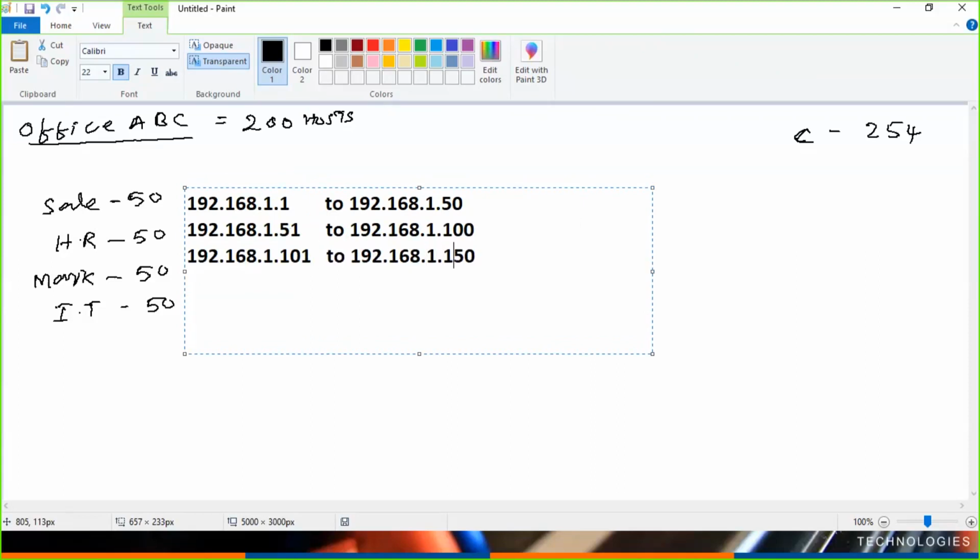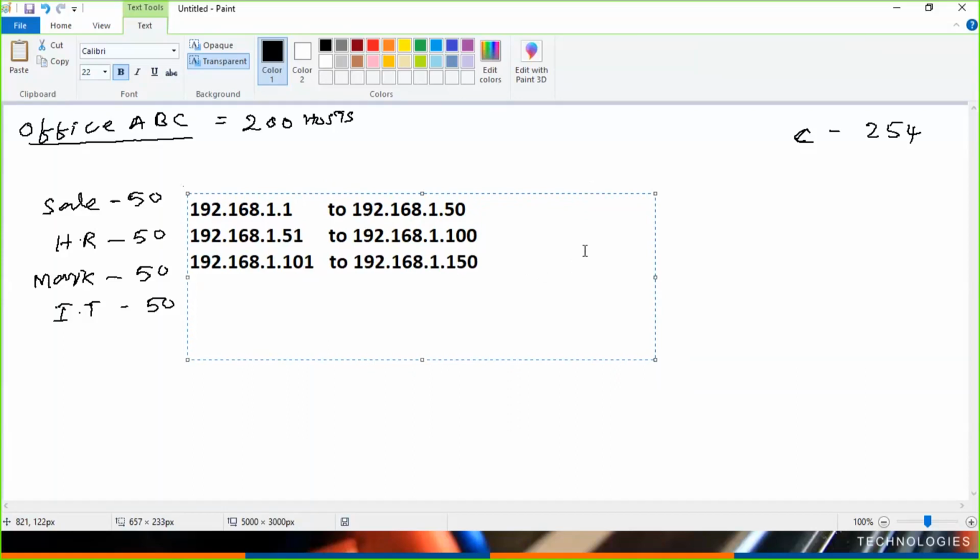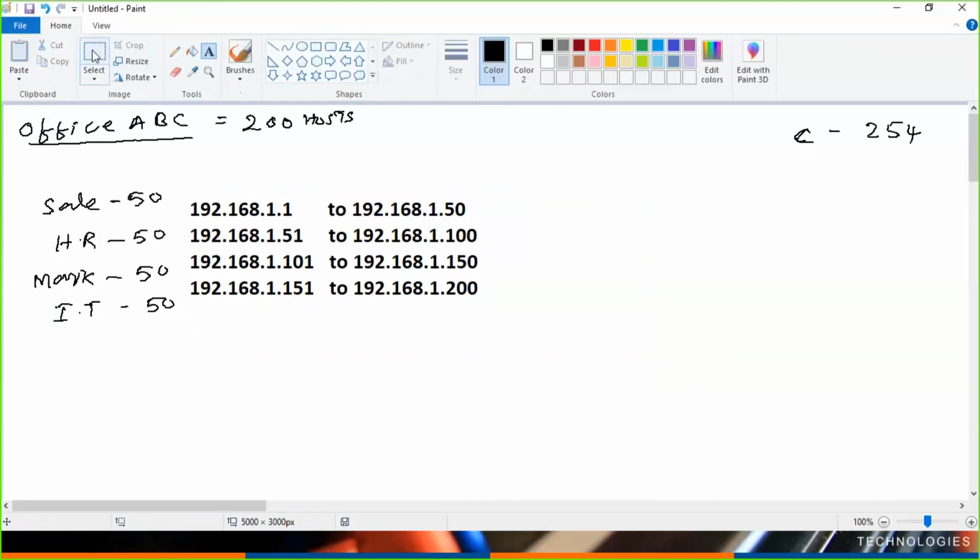For the IT department, 151 to 200. Got it? Yes. So like this, I have assigned for each department.